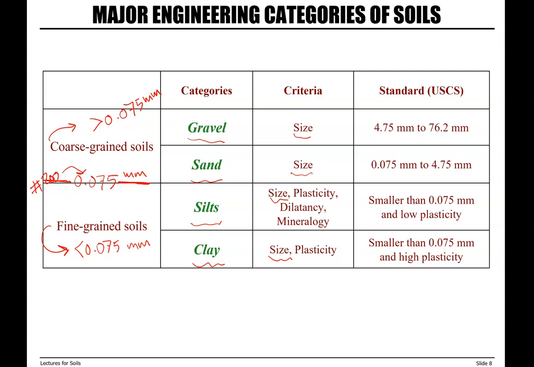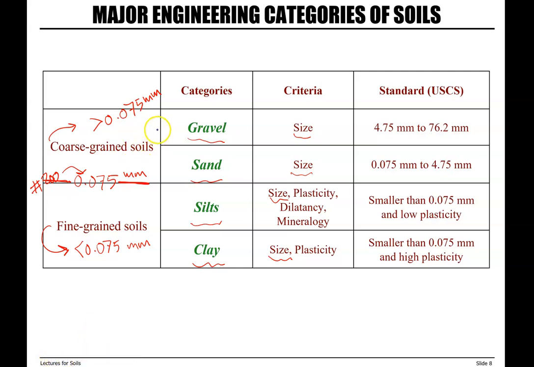So based on size of the particles, we can divide soil to coarse grained soil and fine grained soil. Particles larger than 0.075, coarse grained soil. Particles passing through sieve number 200 or smaller than 0.075 millimeters are fine grained soil.